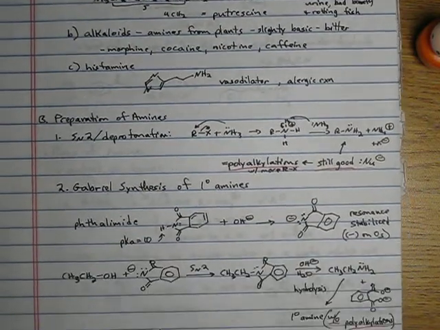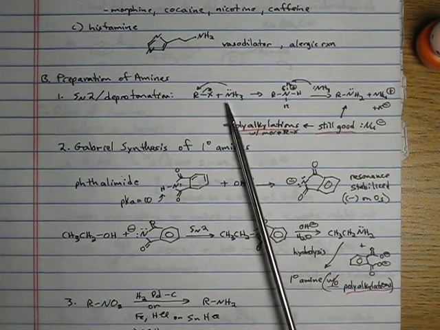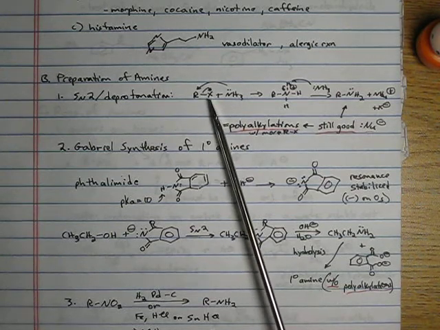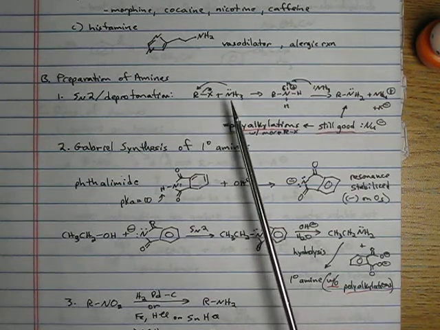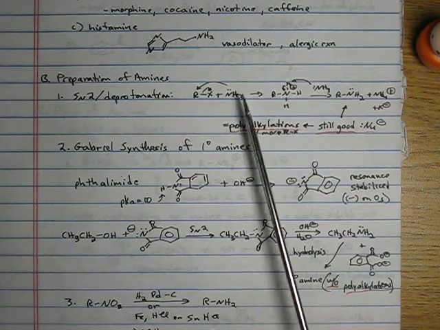Now, when we're looking at the preparation of amines, most people would think, and rightly so, that a nice SN2 reaction would occur. If you've got ammonia and you've got RX, an alkyl group with a decent leaving group, just a simple SN2, because we know that NH3 is a respectable nucleophile.